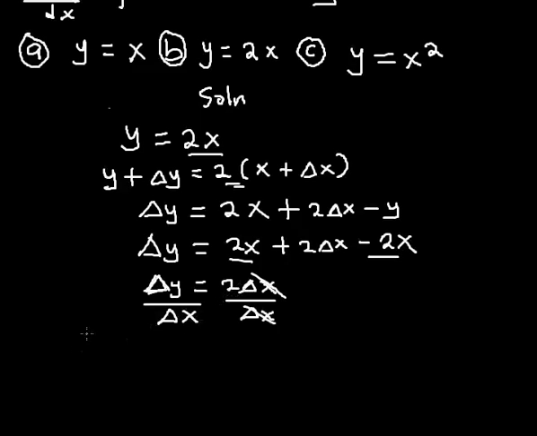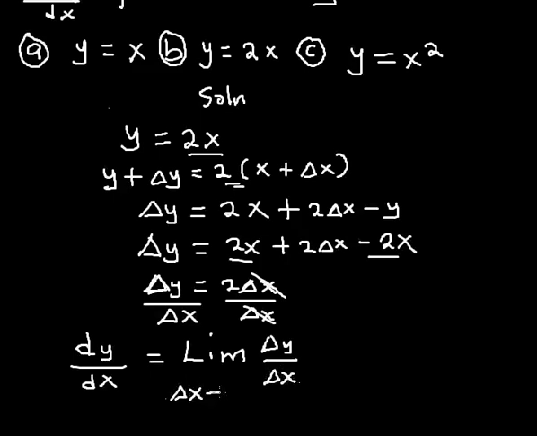So how does this now give me my derivative? The gradient becomes the derivative when I apply the limit to what I got. When I apply the limit of delta y over delta x as delta x approaches 0, and of course you know that this is actually a constant, the limit of delta y over delta x is already 2.